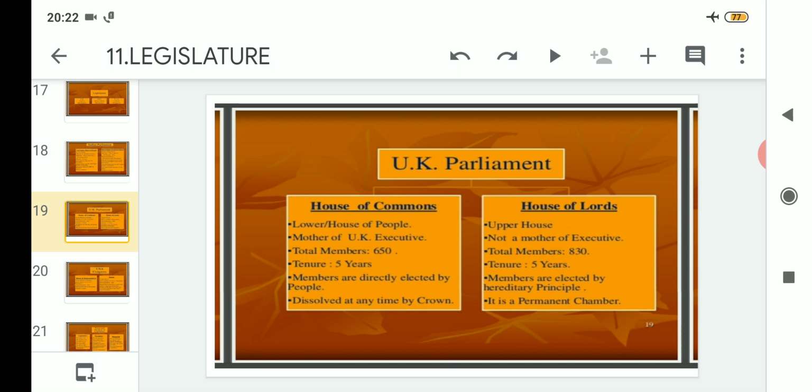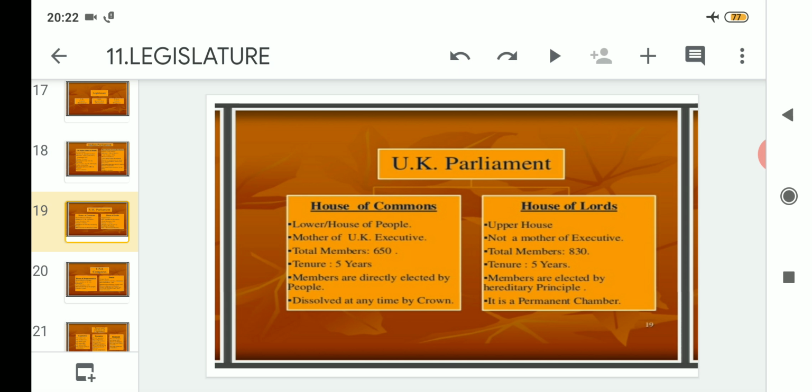Now if you talk about the total members of the House of Commons, that is 650. If you remember, in case of India it was 543, but in case of the United Kingdom the total members in the lower house, also known as the House of Commons, is 650, and the tenure of these members is 5 years, the same as that of India, but the members are a bit more in comparison to India.